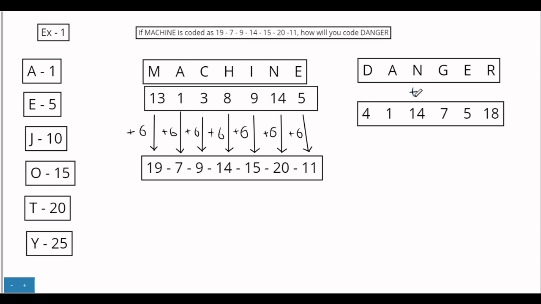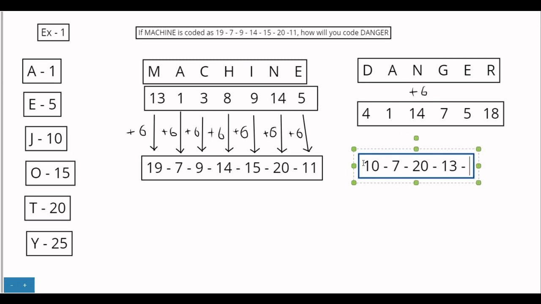Now let us do plus 6 to all of these numbers, which will be 10, 7, 20, 13, 11, and 24.